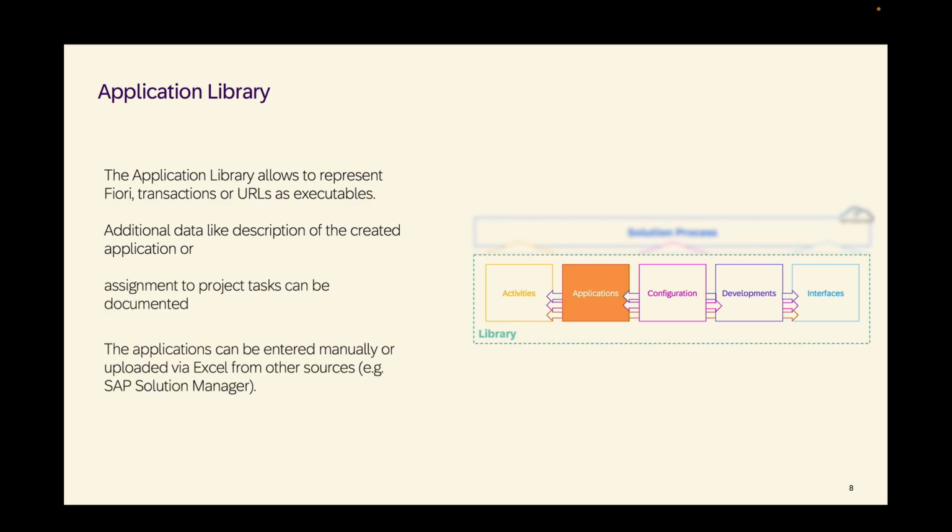It can be assigned to the project task and can be documented by specific documentation assigned directly to the library element. And as always, it's valid for all the types of libraries. It's possible to enter them manually or to just upload it by Excel.